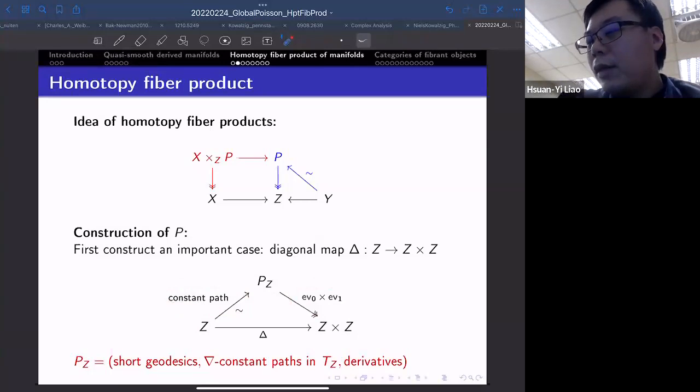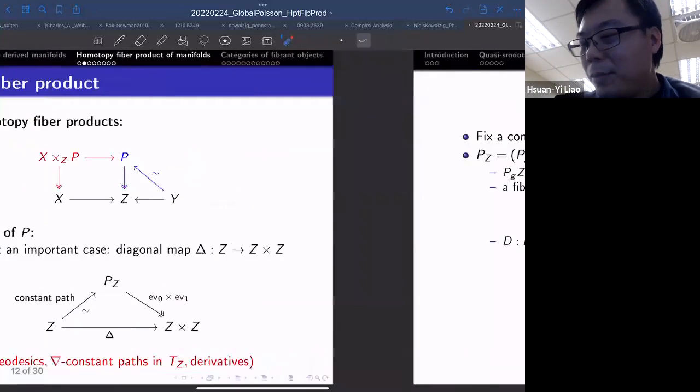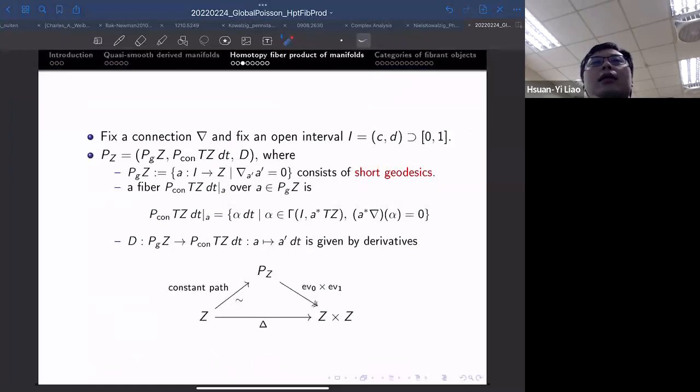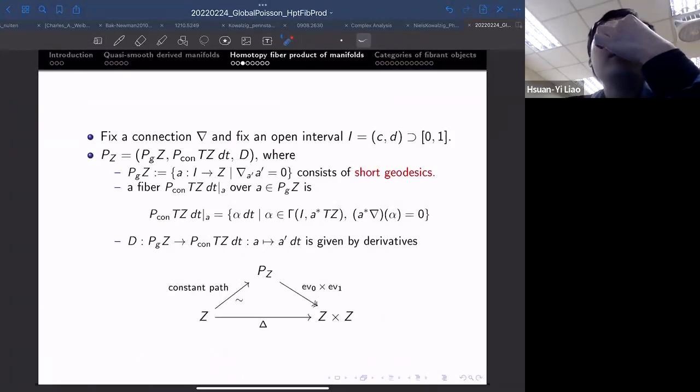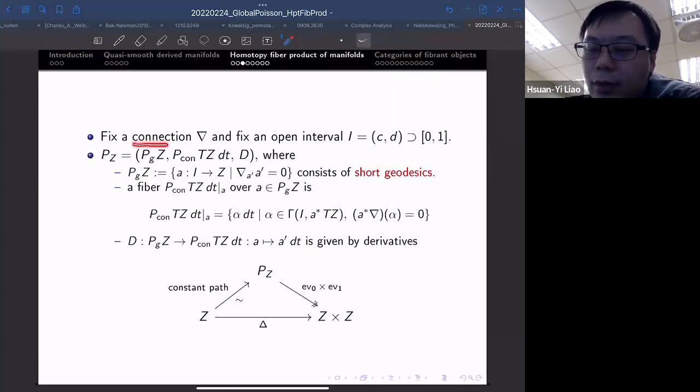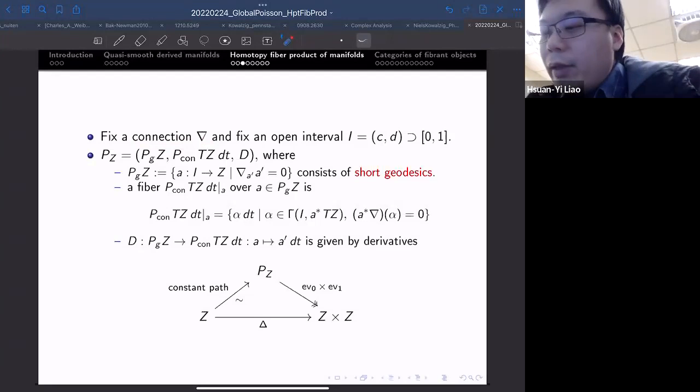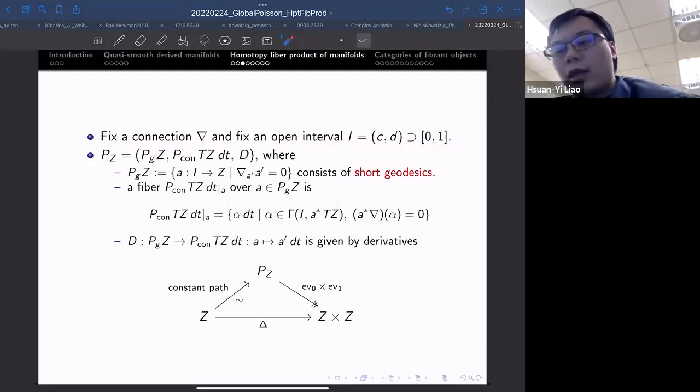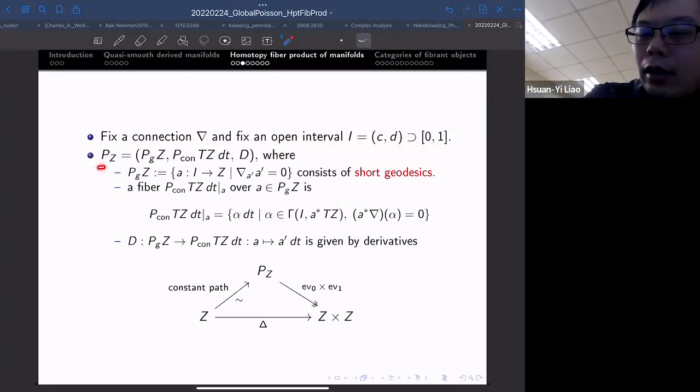Let me show you more details and explain more about this construction. What do I mean by these short geodesics and constant sections? First of all, we fix a connection, and we fix an open interval which contains 0 and 1. This PZ is the base manifold, and this is what I call short geodesics, and this is the total space, a certain space of constant sections, and this is the relative.